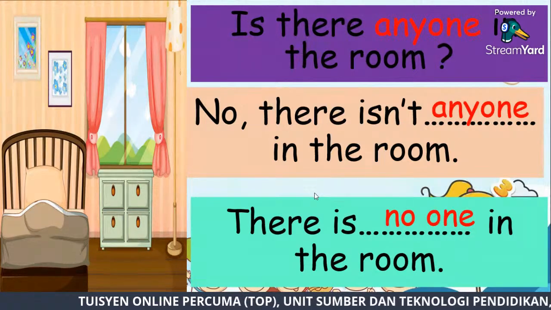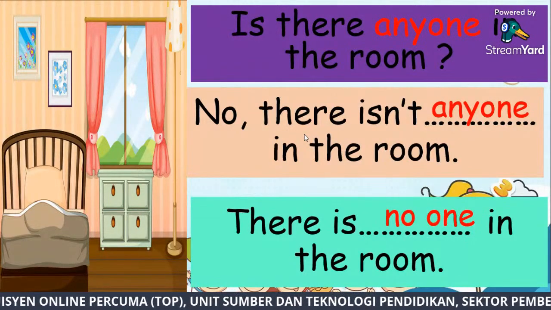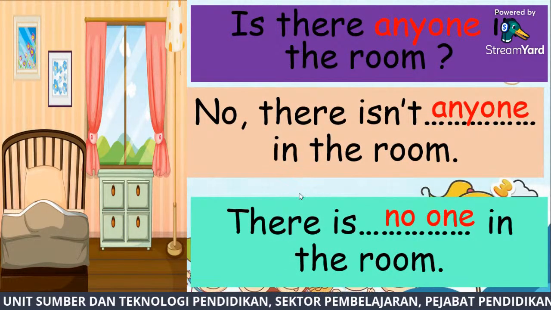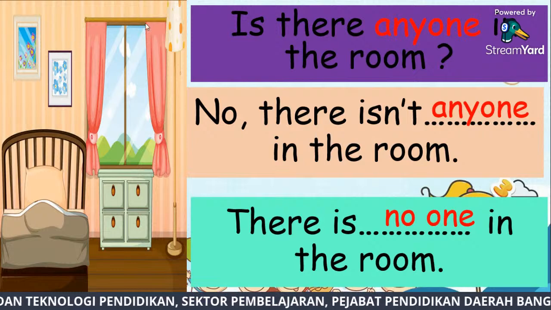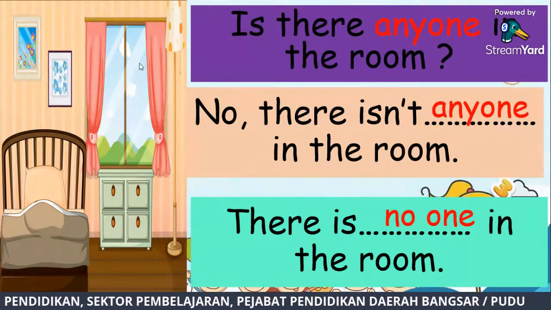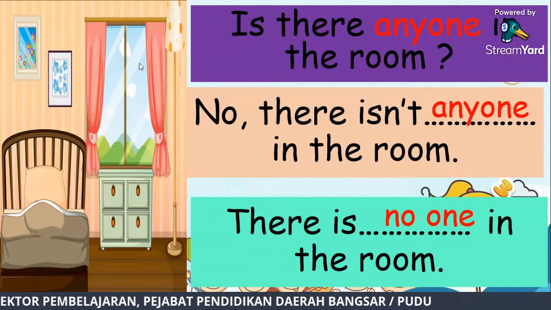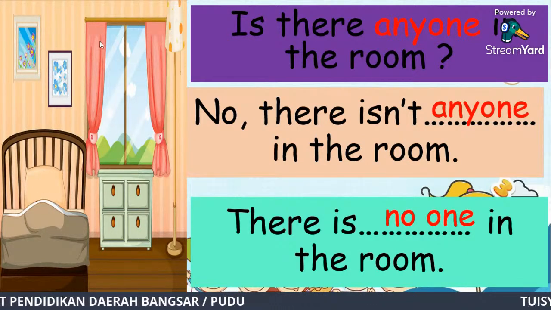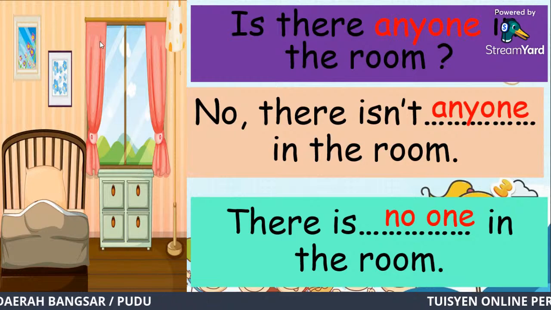So that is the difference that you have to know. But both sentences give you the same meaning, that there is no one or there isn't anyone in the room, which is, the room is empty. So that you have to know.